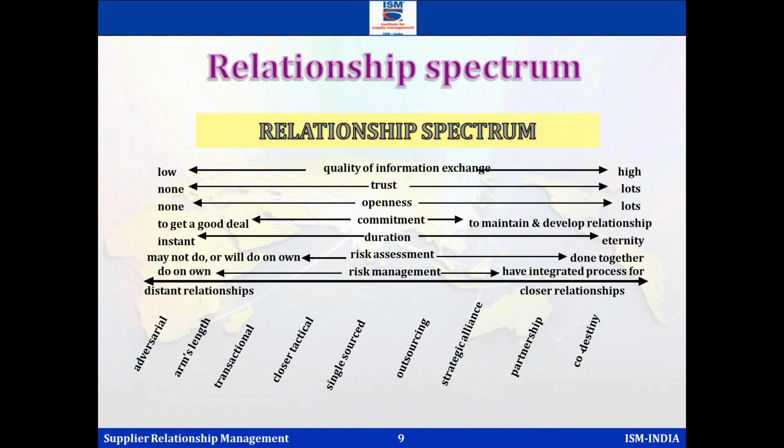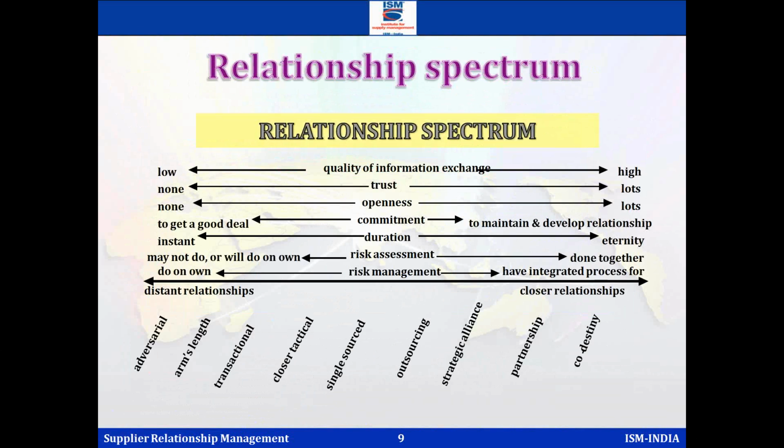Here you can see in this spectrum, if you look at the very first, the quality of information exchange. When you keep adversarial, arm's length, or transactional relationships, it's very low, because you don't treat each other as a partner, as a family. While at the other extreme end, the relationships are better and the quality of information exchange is high.